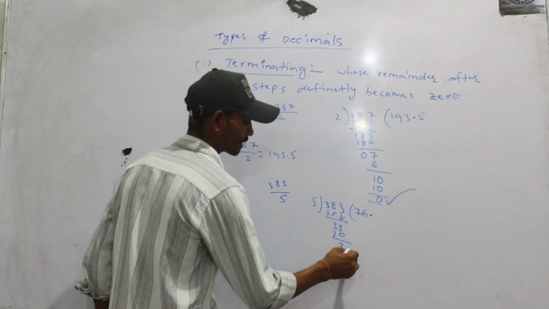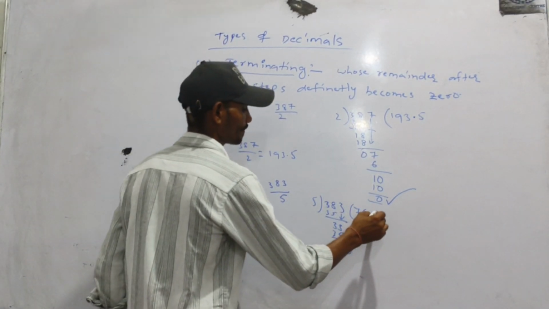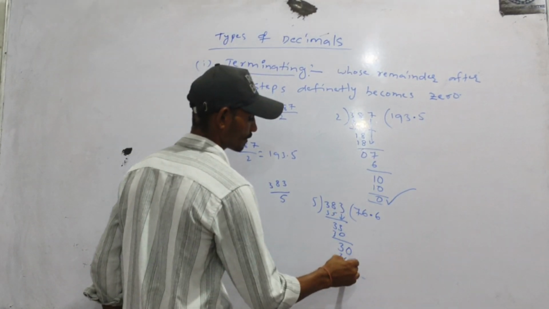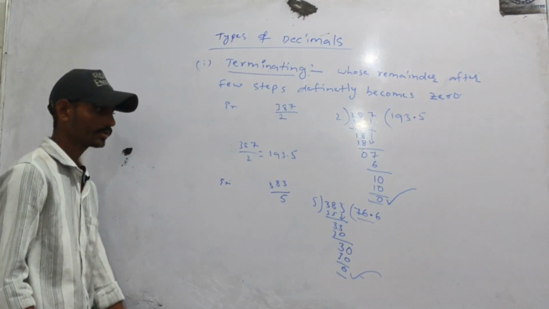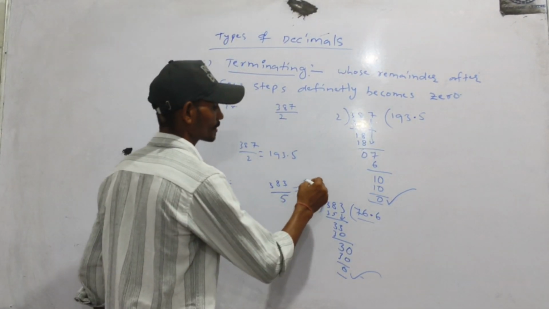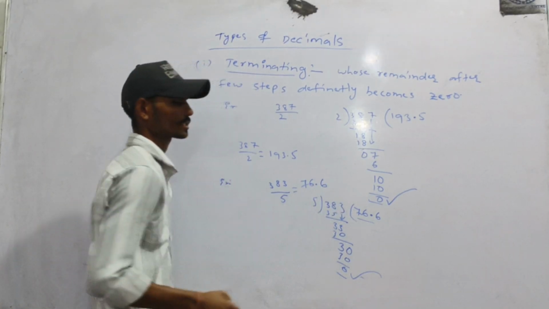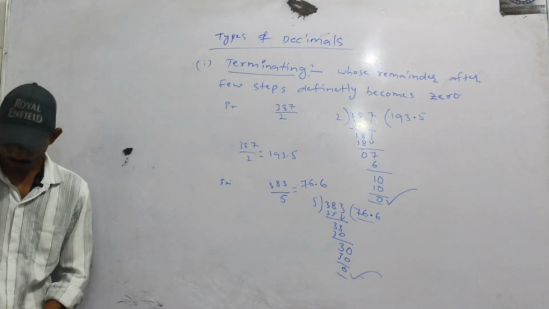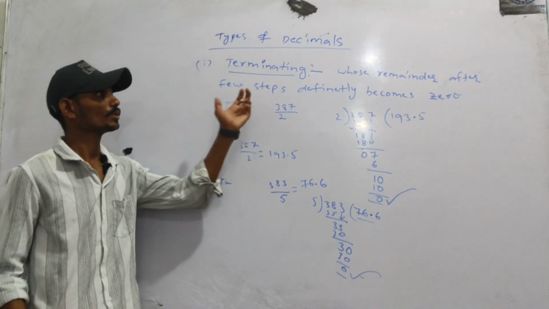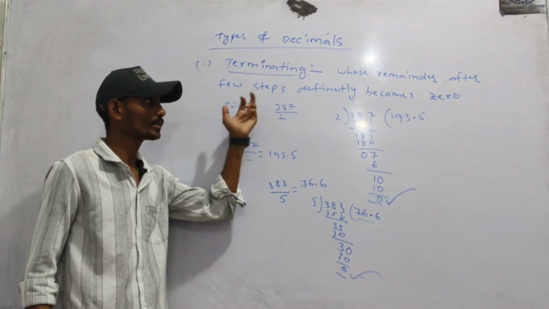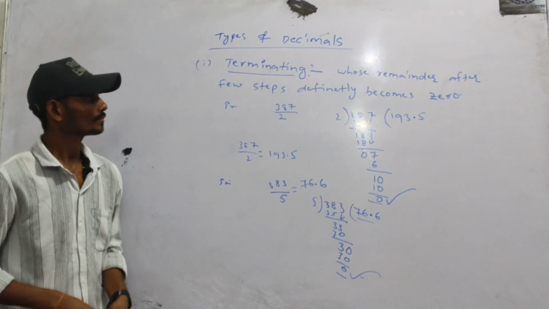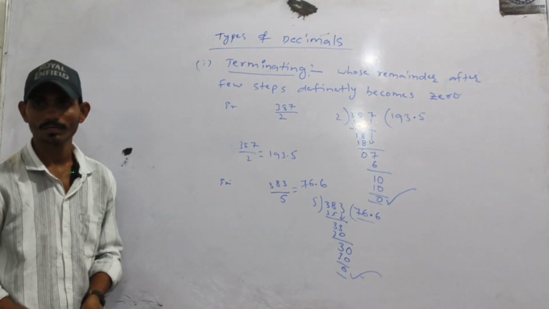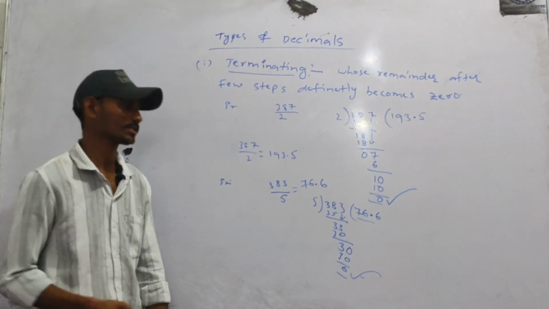As per the point I take 30, so 5 6s are 30, remainder 0. So this answer is 76.6. What are terminating decimals? Those whose remainder definitely becomes 0 after a few steps. Those kinds of fractions are called terminating fractions or terminating decimals.